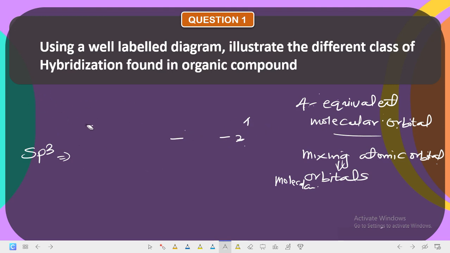If we remove the 2, we are going to have s, and we are going to have p, p, p. One of the p is x, another one is y, and the last one is what? z. So in this case, one s hybridizes with the 3 p's, which is this s, p, p, p, to give us what? sp3.